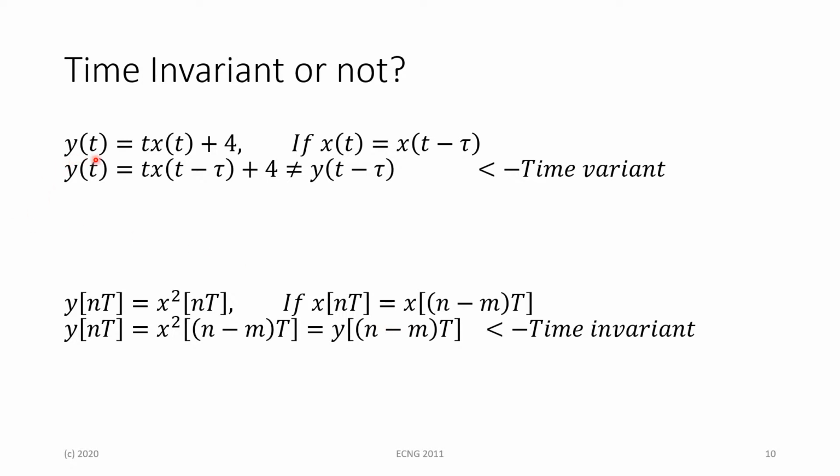So if we had y of t maps to t x of t plus 4, and we apply our time shift, we can have y of t minus tau on the left hand side.